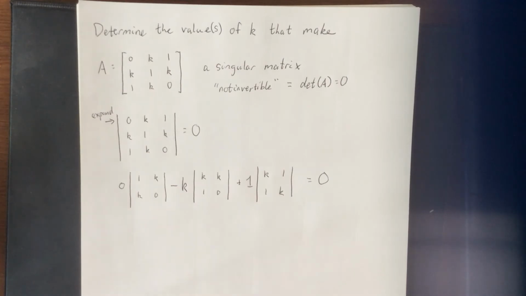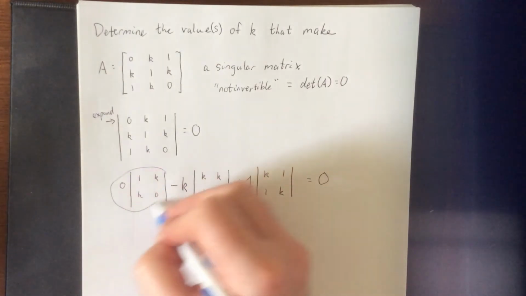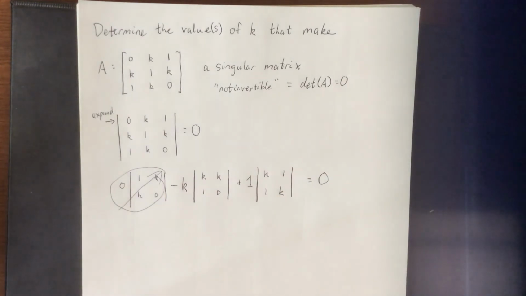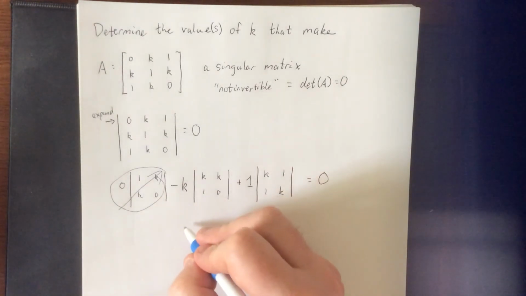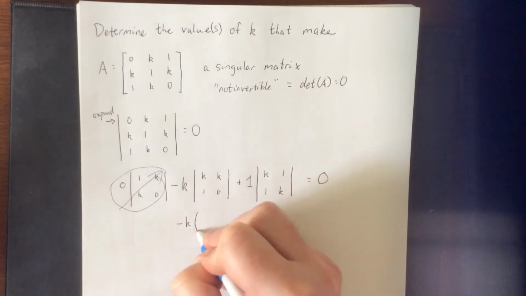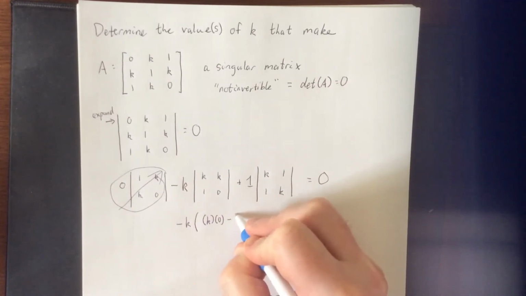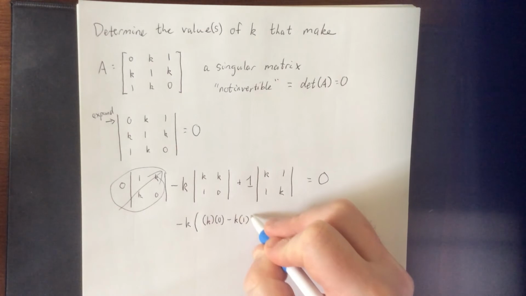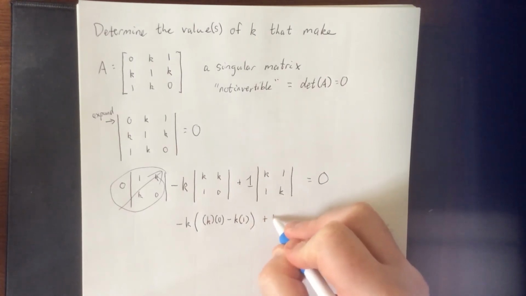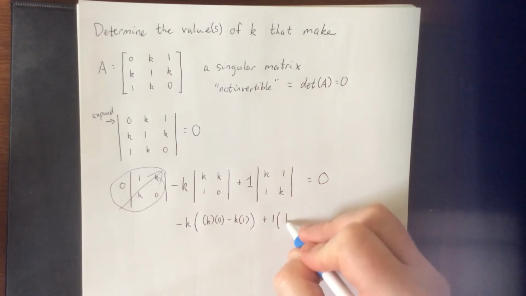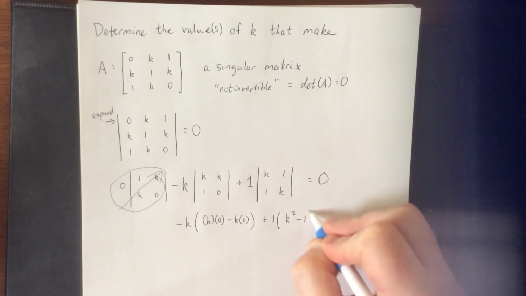Continuing to expand as much as possible, the first term here, because the coefficient is 0, is going to go away. We'll see negative k times 0 minus k times 1 plus 1 times k minus 1 times 1.